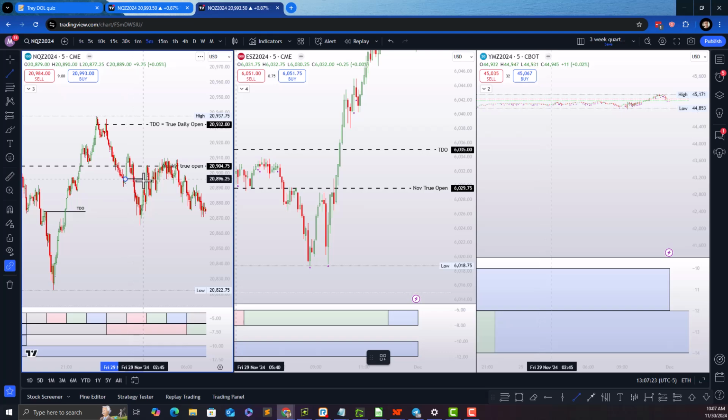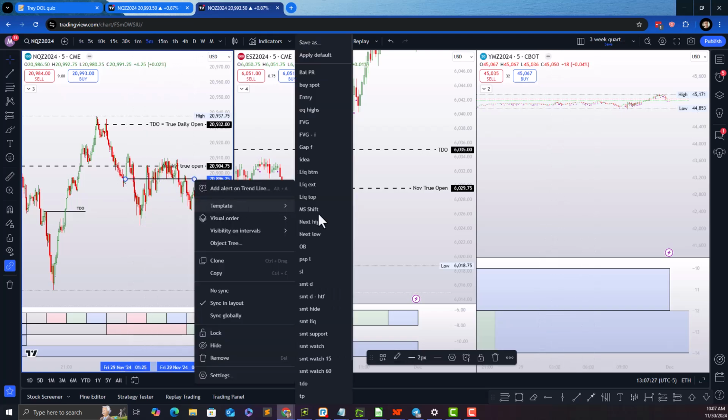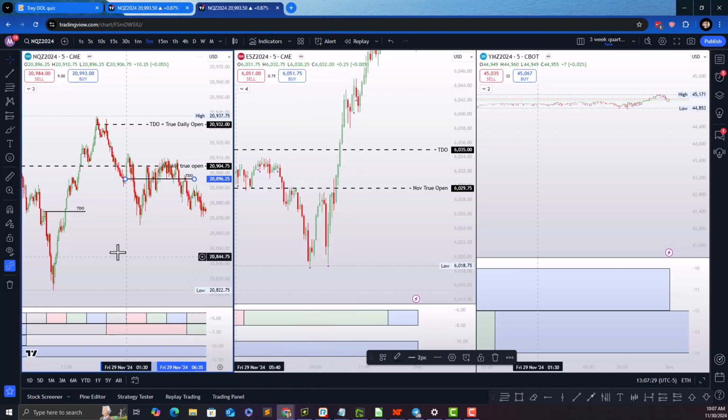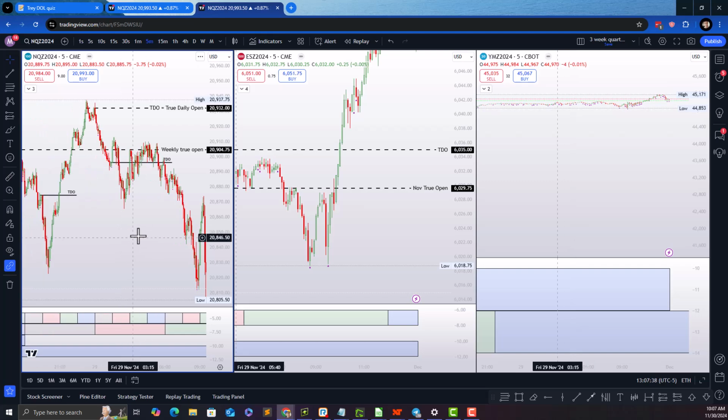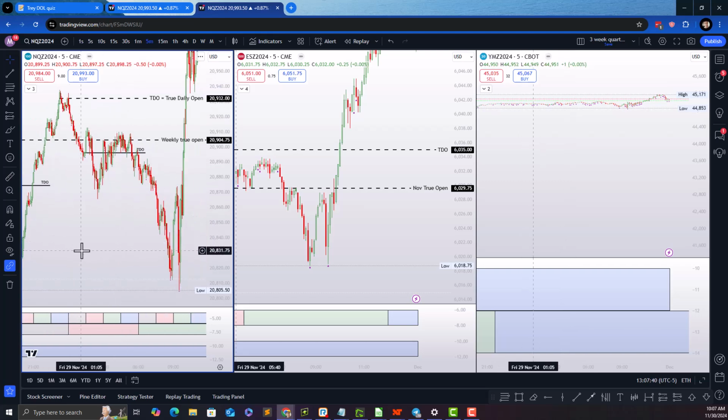So if you're under both, you have stacked true opens beginning. So if you're under Asia, you're under London, you're under the week's true open, and you're under the true day open, now you have a lot of stacked true opens. So under all of those is an even more enticing discount for different targets.